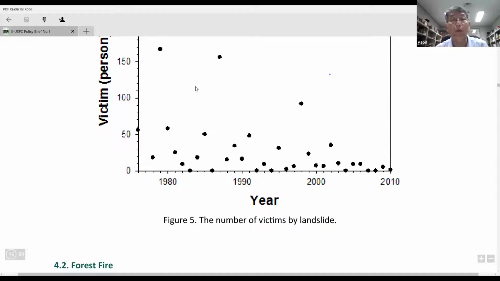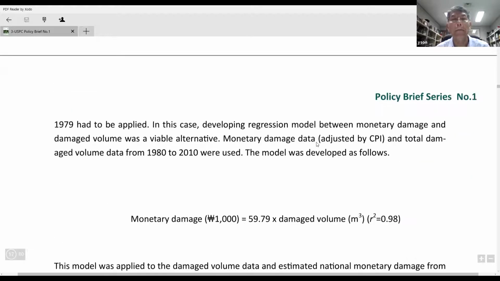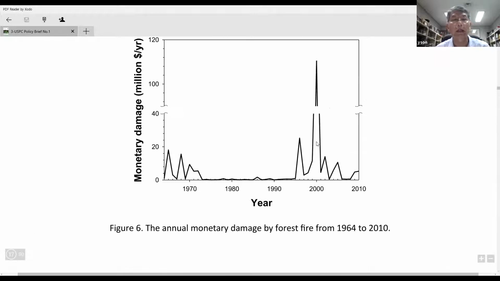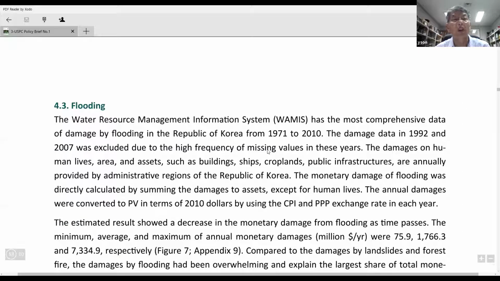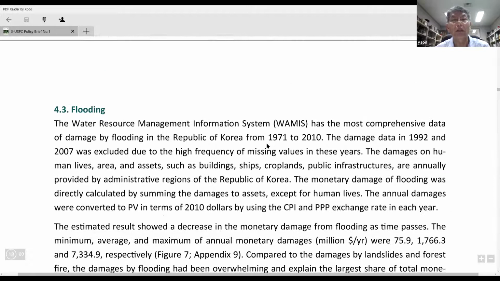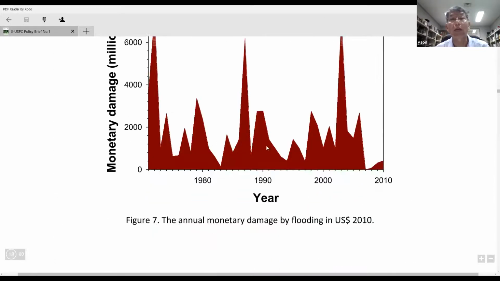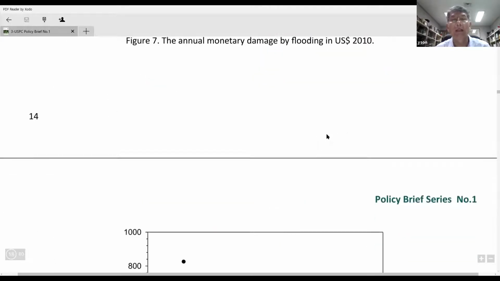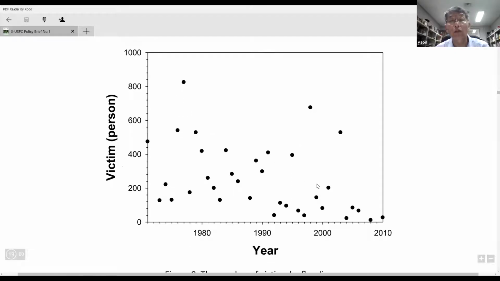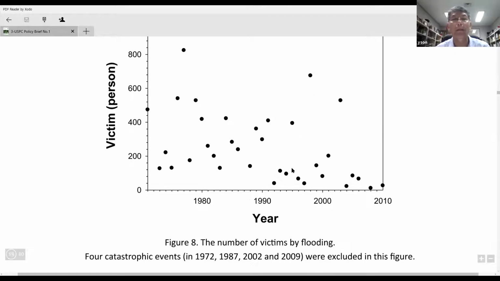So after reforestation, landslide victims decreased sharply. And then forest fire, and then flooding, there is fluctuation, but victims by flooding are decreasing sharply.